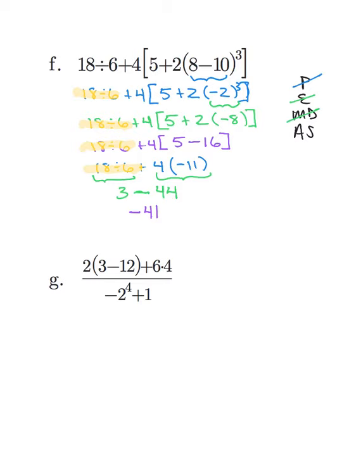You do have to be careful though. If you went ahead and combined 18 divided by 6 in the beginning, you do need to be careful and make sure that you don't try to add 3 and 4 in the next step. When you start combining operations, you need to look at either side of the number.